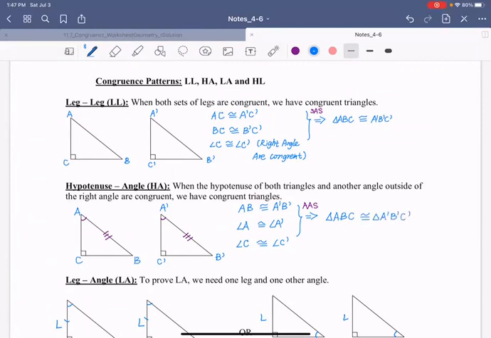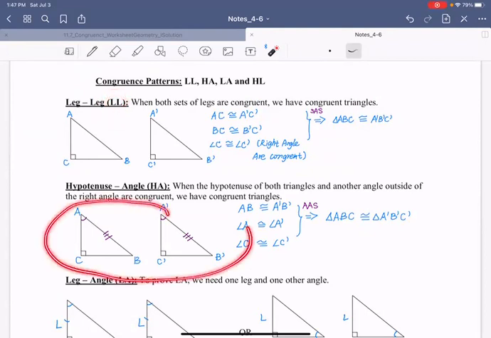After you prove these two triangles congruent, you can use HA as a new theorem when you have two right triangles. Those which you already proved can be used as new theorems to prove later on.